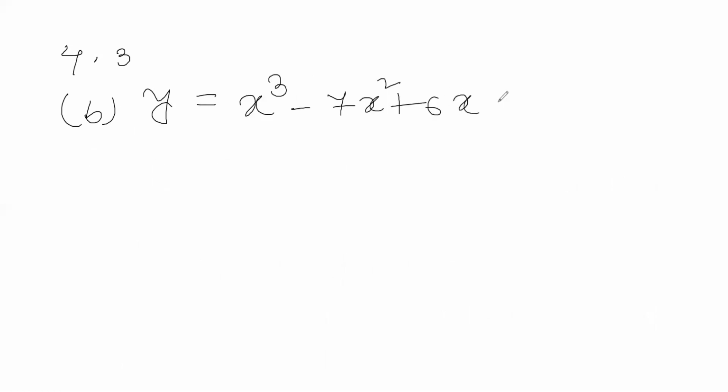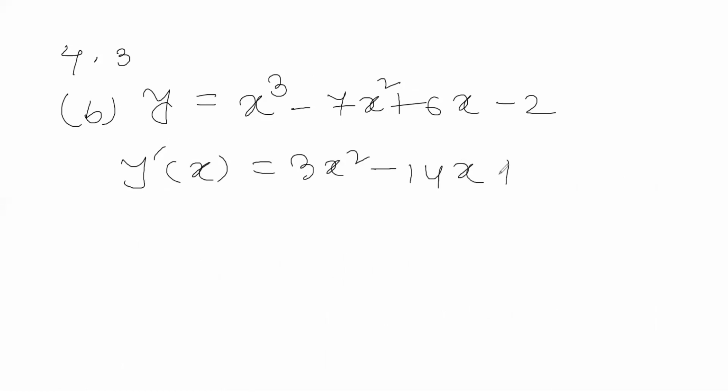This is 4.3b, and the function is given as y is equal to x cubed minus 7x squared plus 6x minus 2. Now, if we take the first order derivative of this function, we get 3x squared minus 14x plus 6.